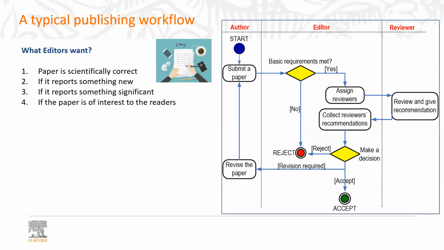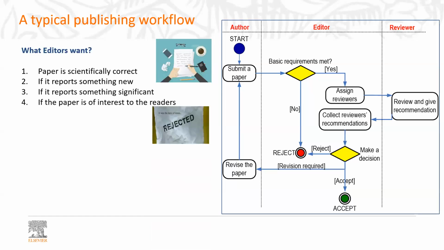Then they also look for significance, whether positive or negative, but the work that you want to publish should have some significance. Because if you have these 3 points in place, that will give the editor confidence that it will create interest for the reader, because we also need to understand that the editor is responsible for maintaining the quality of the journal.